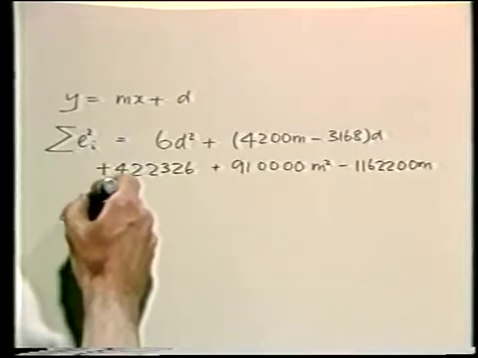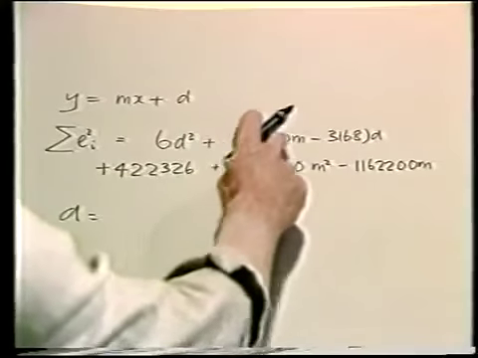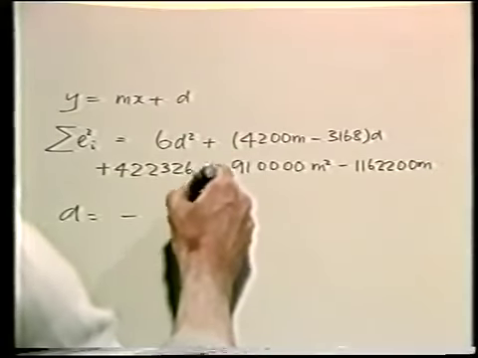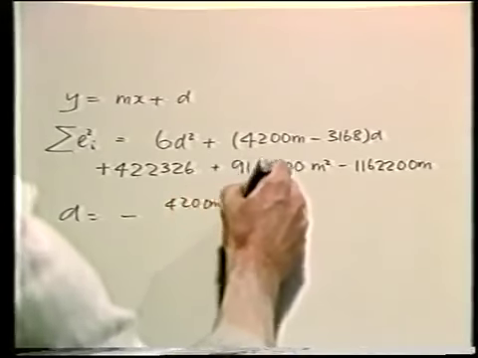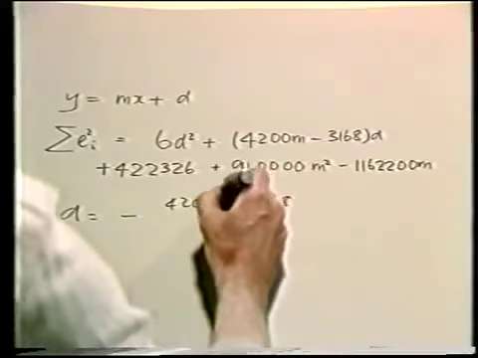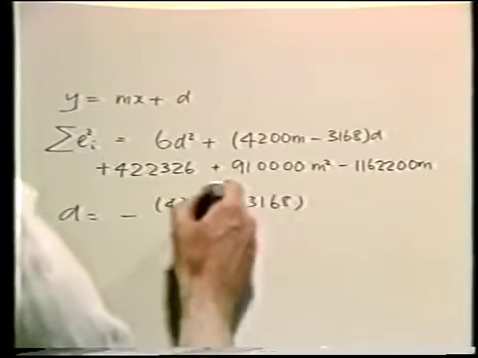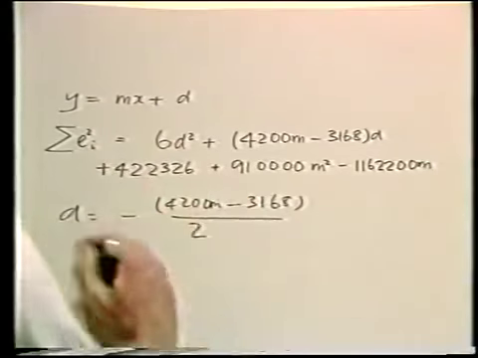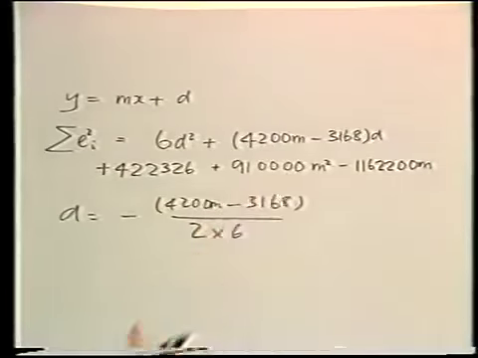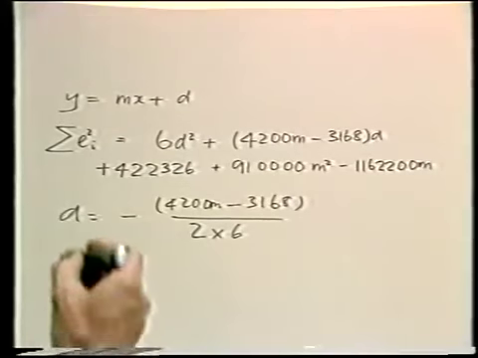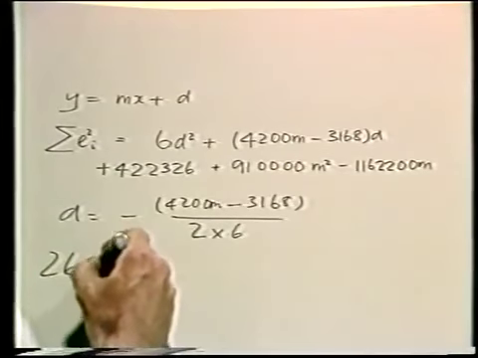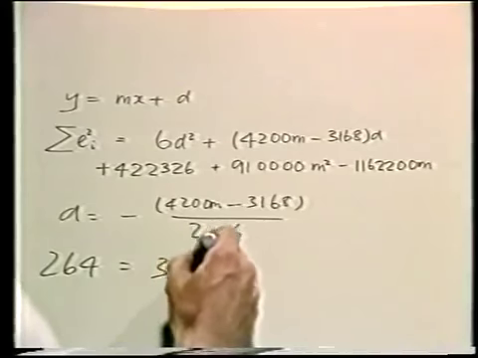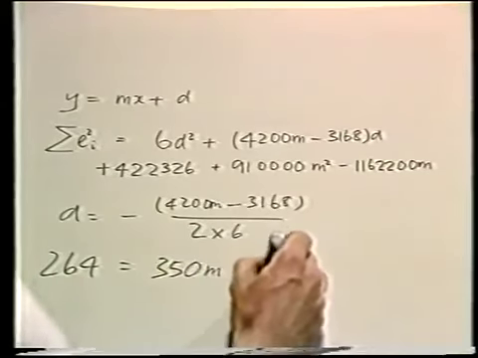Well, you found that d was equal to minus this coefficient, divided by twice the coefficient of d squared, 2 times 6. Well, this simplifies to give a relationship between d and m. In fact, it turns out to give you this relationship, 264 is 350m plus d.